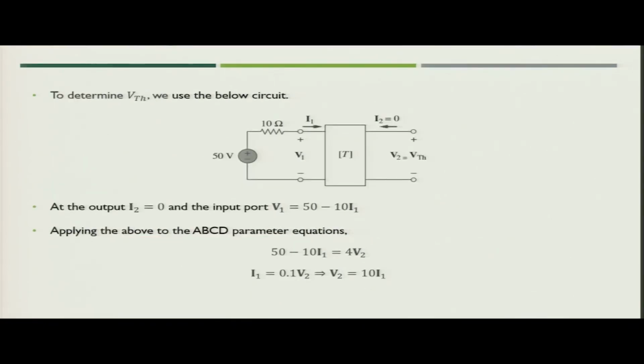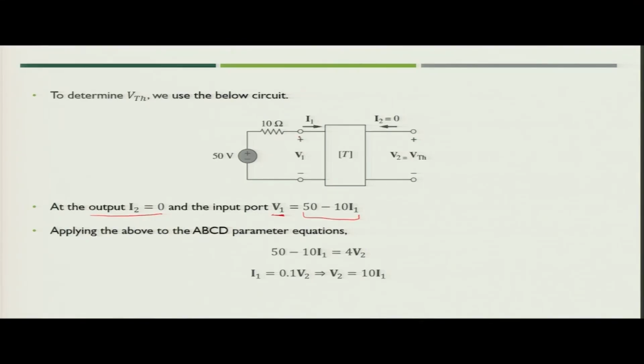Now, the next task is we need to find out the value of VTH. For finding out the value of VTH, the value of current I2 will be 0, because this port will be open circuited, and at the input port, the value of V1 will now be 50 minus 10 I1.